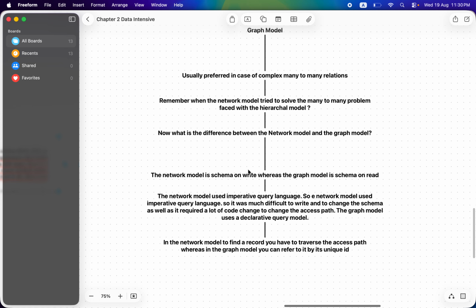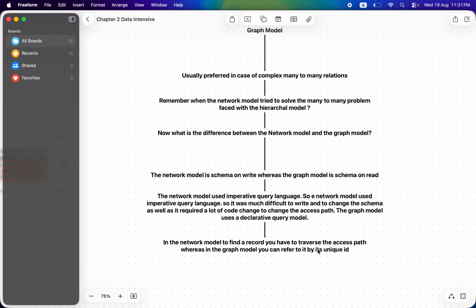Okay, the main difference first is that the network model is imperative. We have to write step by step, we have to use pointers, we have to know the access path. Whereas the graph model is declarative, so it's much easier and simpler to use. And the second reason is that in the graph model we can use unique IDs to access specific items, whereas in the network model we have to traverse the tree to get to a specific item.